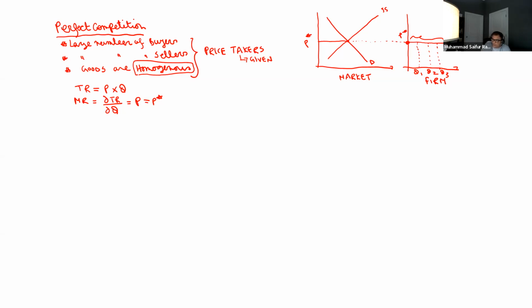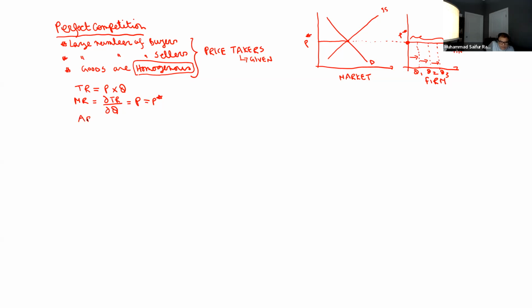So therefore, we can write the demand curve just like a marginal revenue curve, which basically says that for every extra unit of output the firm is selling, it gets the same price back, which is nothing but the marginal revenue it earns. So that's one important result.